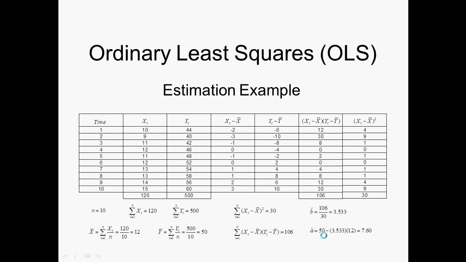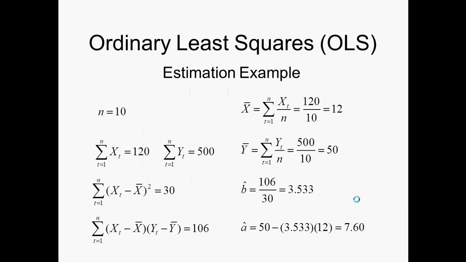We get our value for a hat, estimated 7.6. And so that's our regression. Okay, so we can continue. This is just all the same information, blown up so it's easier to read.